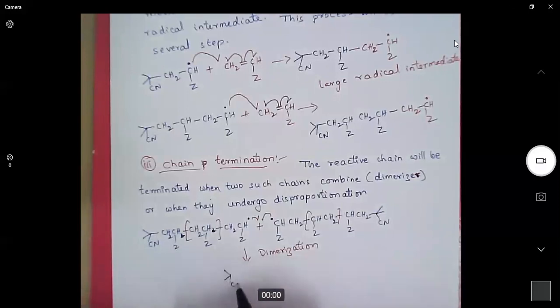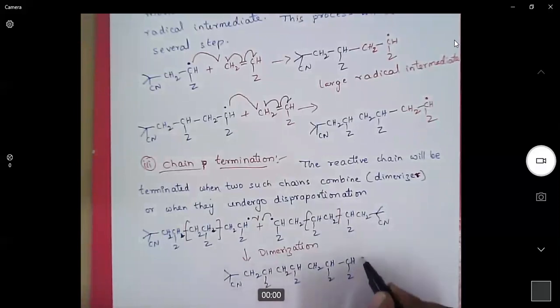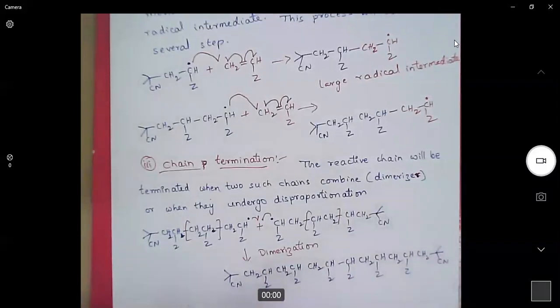So this generates the final product. So this is the dimer. There is a bond between these two radicals.